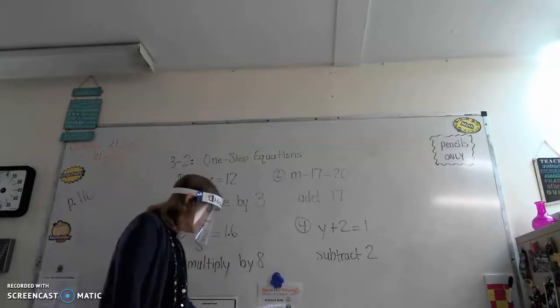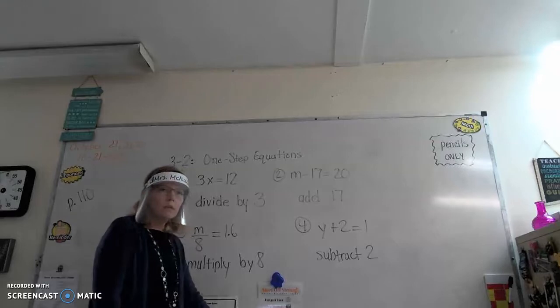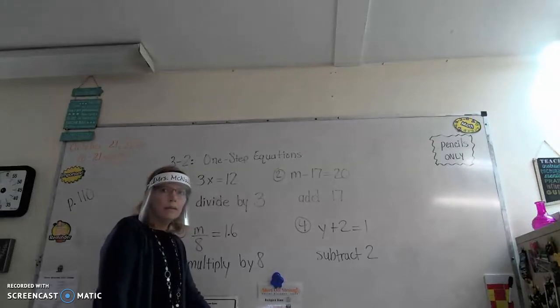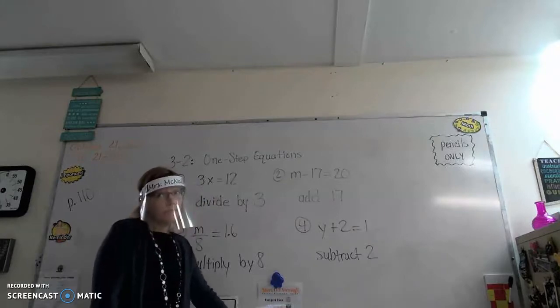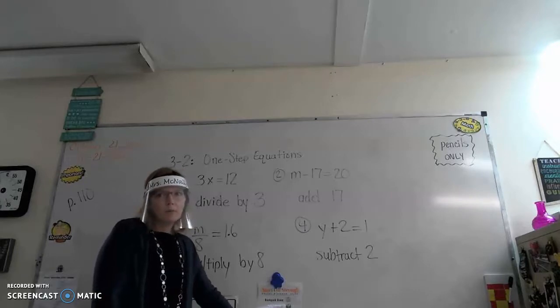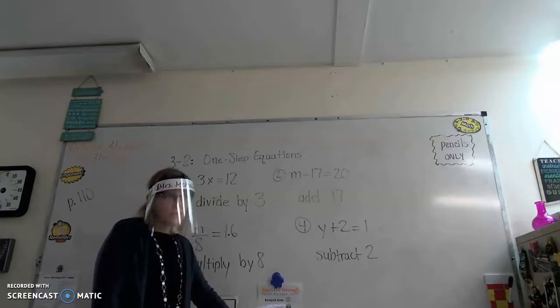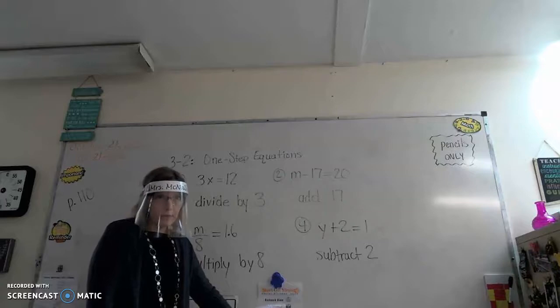And then the last one is actually a little bit tricky because the variable is negative. Number 6. We're going to have to add it, right? It's tricky. So look at the 7. Is the 7 positive or negative? It's positive, so you're going to do the opposite. So you're going to subtract 7 from both sides.